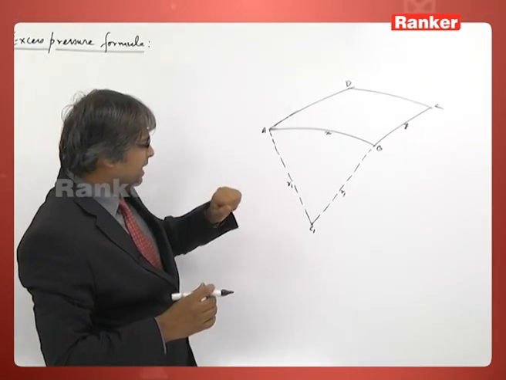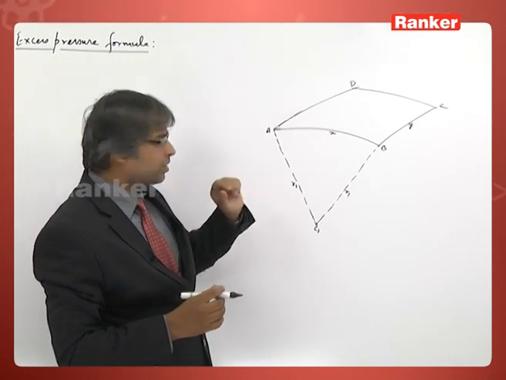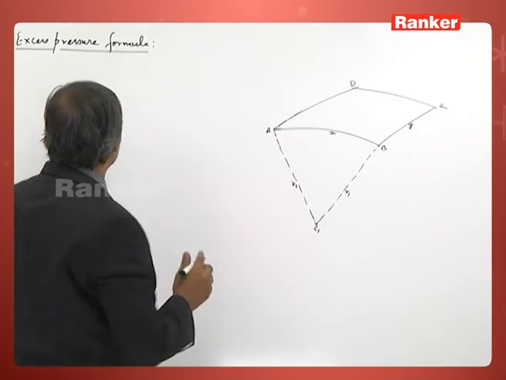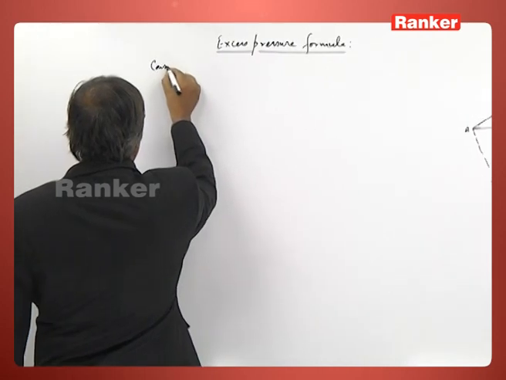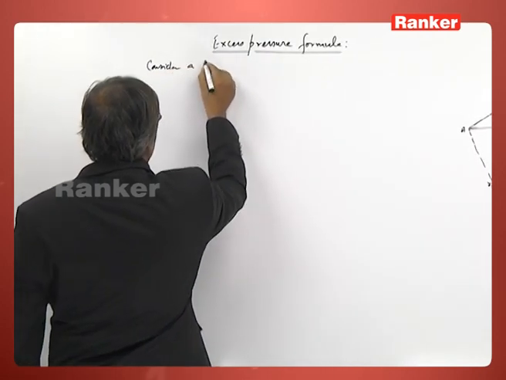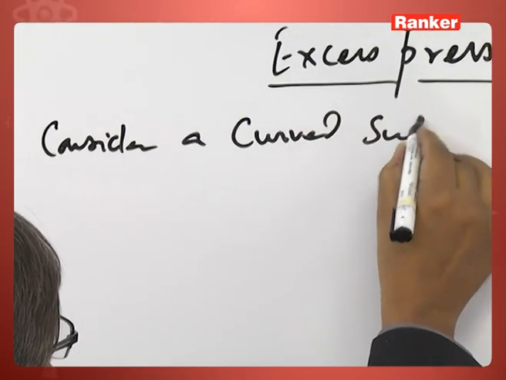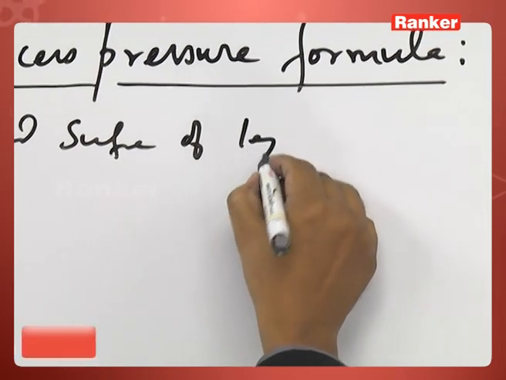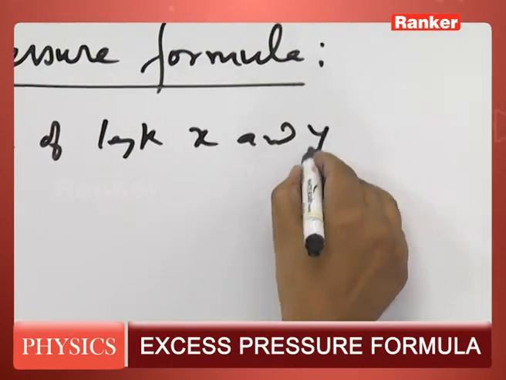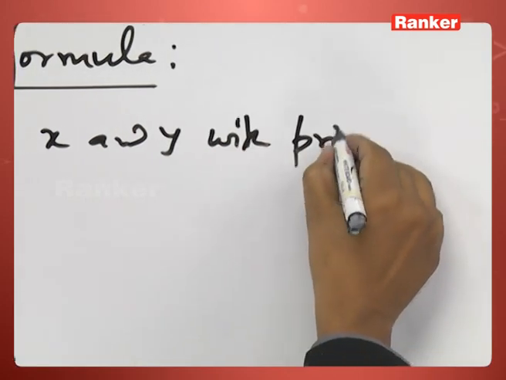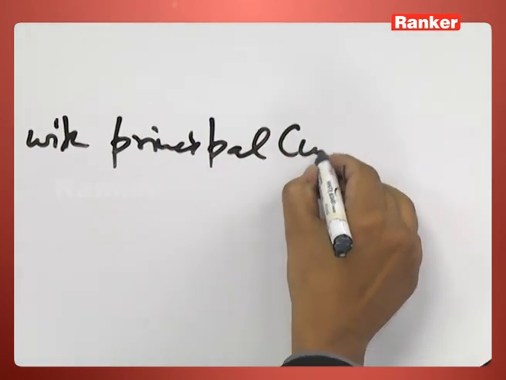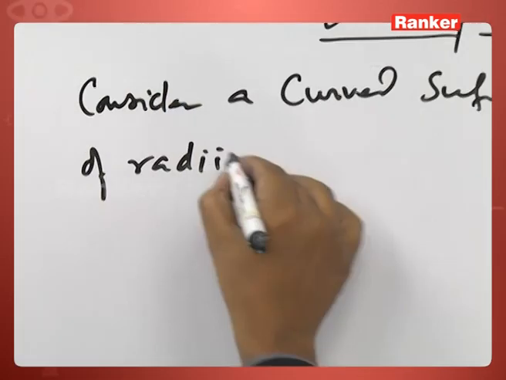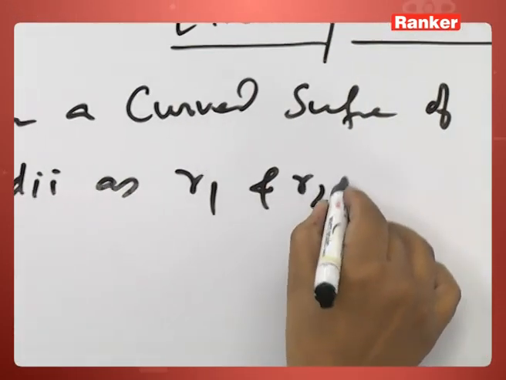Let us see how much the pressure difference will be and how it is a function of R1 and R2. So, consider a curved surface of length x and y with principal radii of curvature R1 and R2.